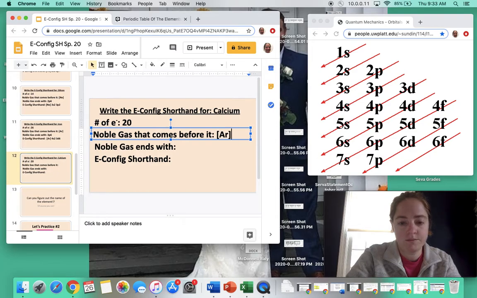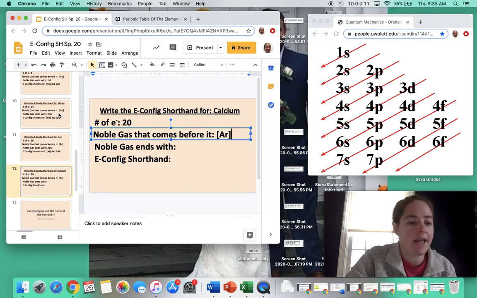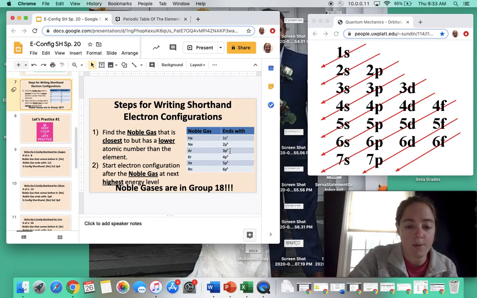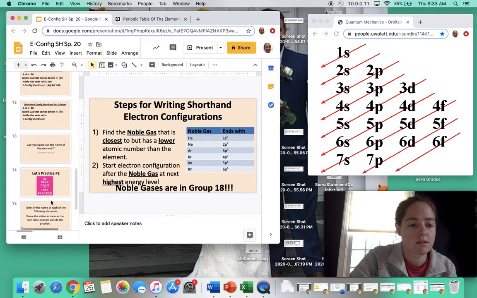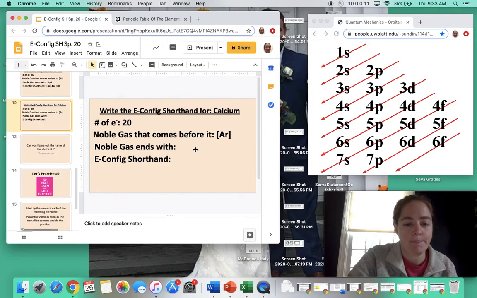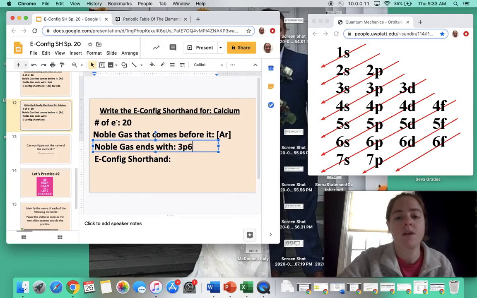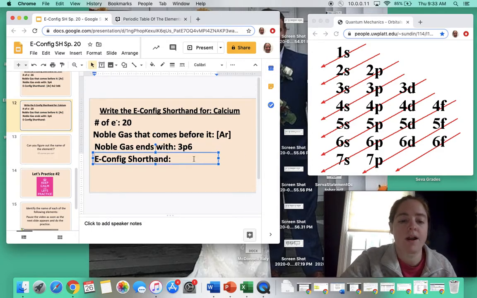Okay. Argon ends, we go back up here, argon ends with 3p6. Okay, so we are going to write our shorthand. We're going to put argon in brackets. Remember, if you need help keeping track of how many there are, you can put the number in parentheses.